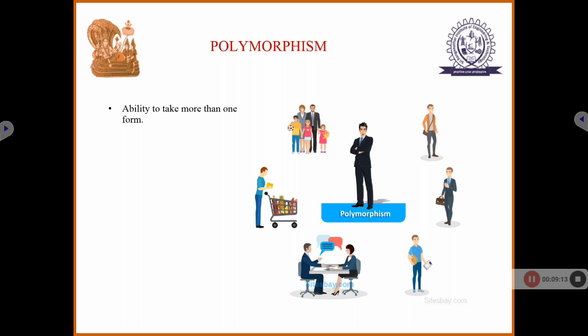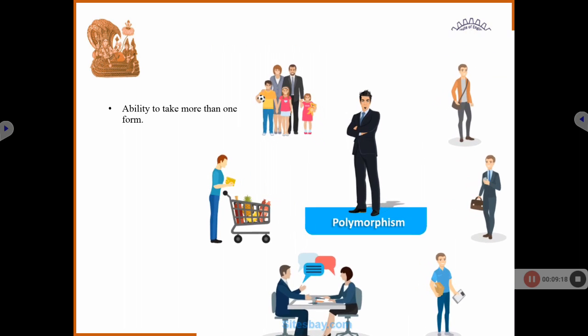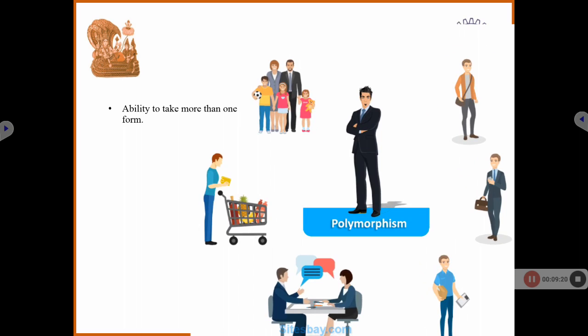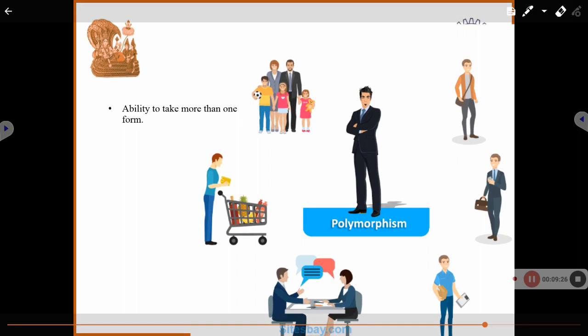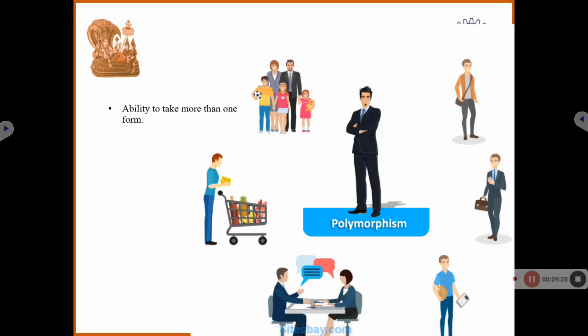Let's see the best real-time example. Like a person, I am a person, a man. The man is our task. A man can act in a separate form according to the situation. If the man is going to the office, he is an office person.